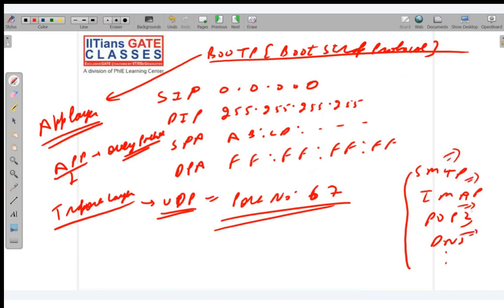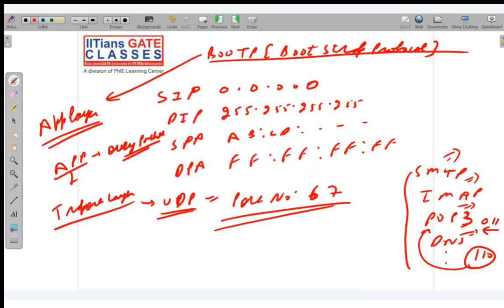I will tell you a style also, how to learn this. POP3, 3 in binary is 011, so you just reverse it, 110. So 110 is the port number of POP3. Don't worry, I will tell you a style to remember all the port numbers, and these are very, very important. In match the following they will ask.